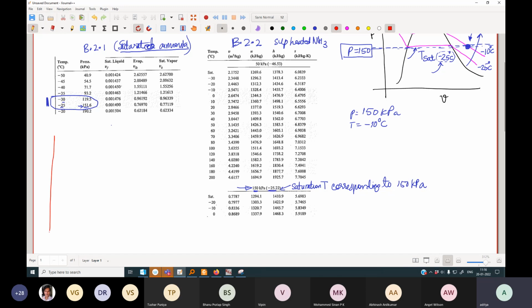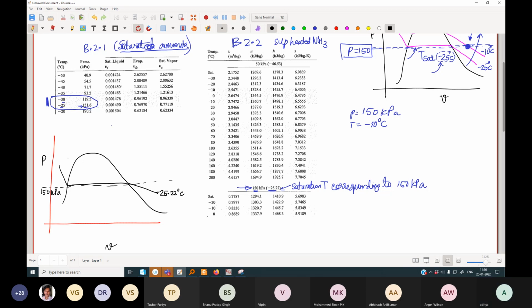If we were to look at the curve in PV only, this is the minus 25.22 degrees Celsius isotherm, and this is the 150 kilopascal horizontal line. This is going to be the minus 10 degrees Celsius.